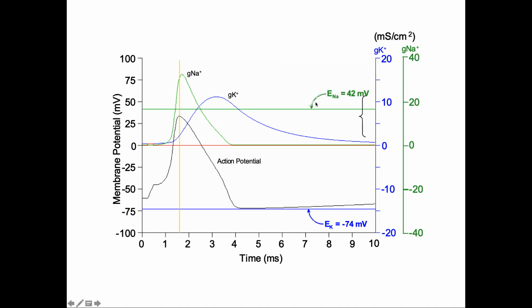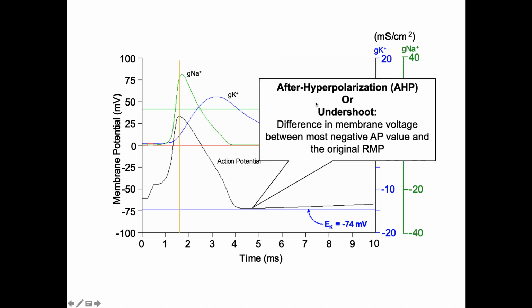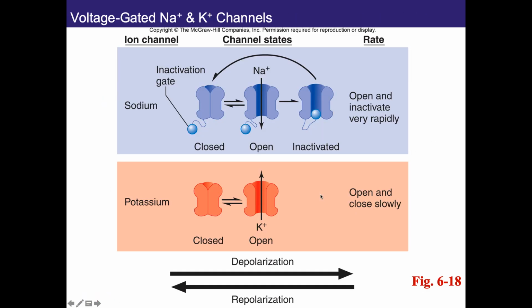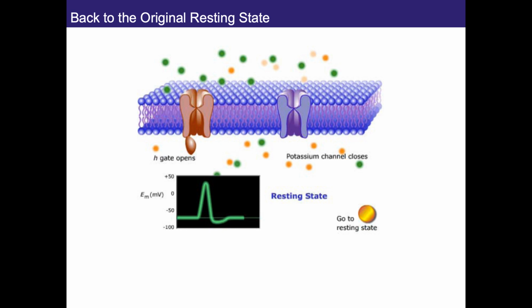The undershoot, or what's known as the after hyperpolarization event, is the difference between the most negative action potential and the resting membrane potential. So I'll go back to this one. It might be a little bit easier for you to see. Okay, so the undershoot, or the after hyperpolarization, is the difference between the most negative part of the action potential and the resting membrane potential.